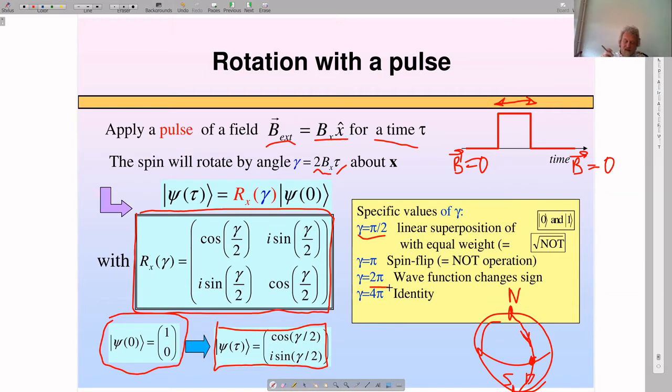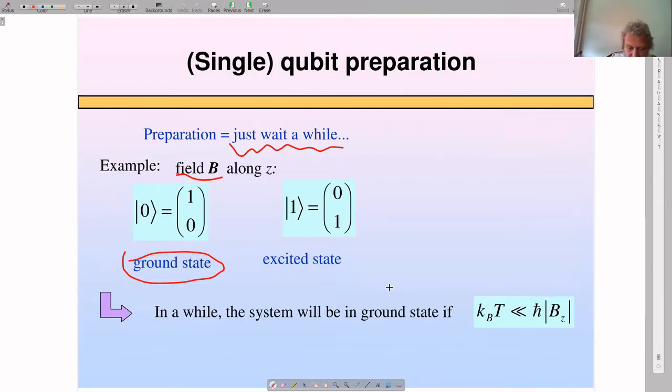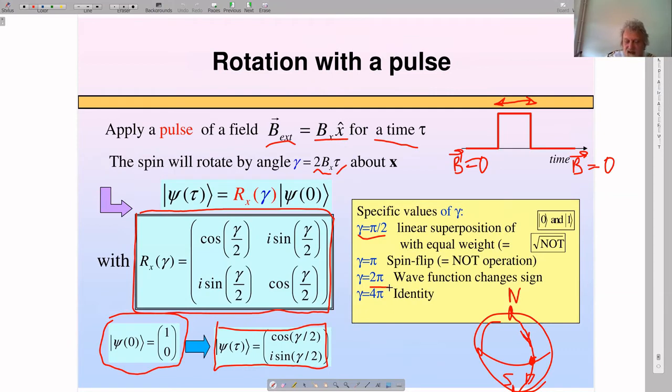However, if you look at the correct representation of the wave function, you can see that it actually has changed sign upon 2 pi rotation. And one gets an identical wave function only if the rotation is by the angle of 4 pi. Good. Rotations with a pulse.